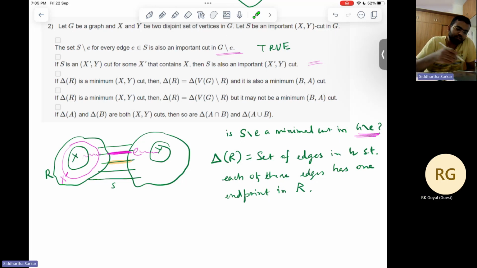Y is just, let us say, a set of vertices. Maybe other vertices are there. So V G minus R is the rest of the vertices in the graph. Maybe there are other components also. We do not know.